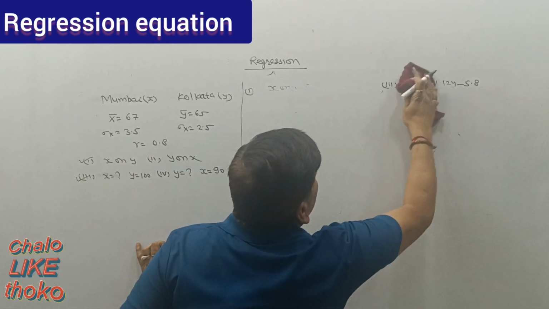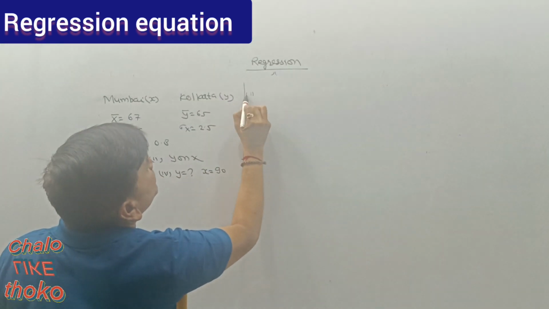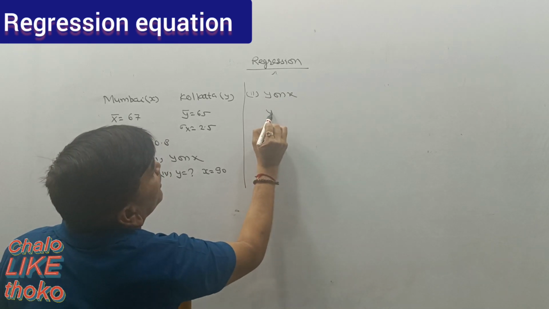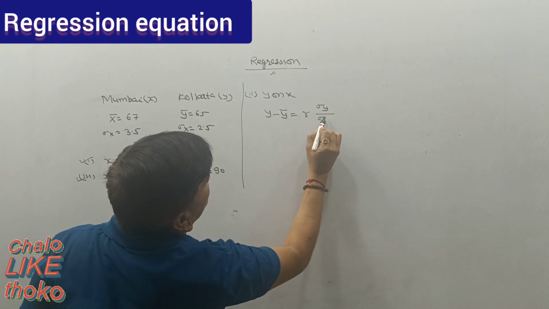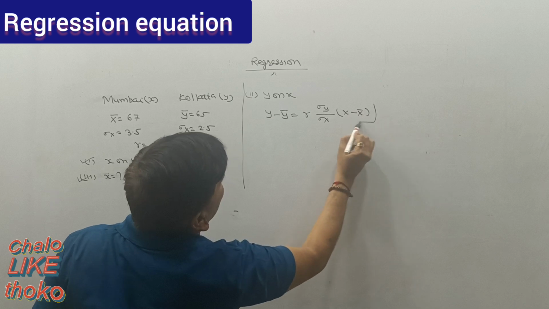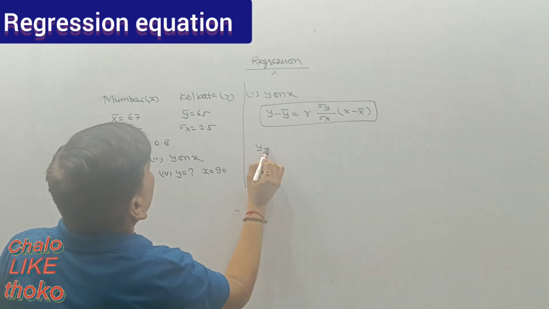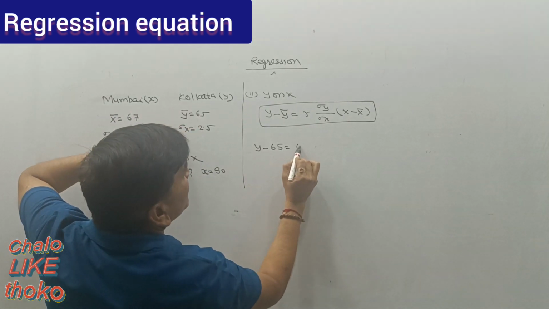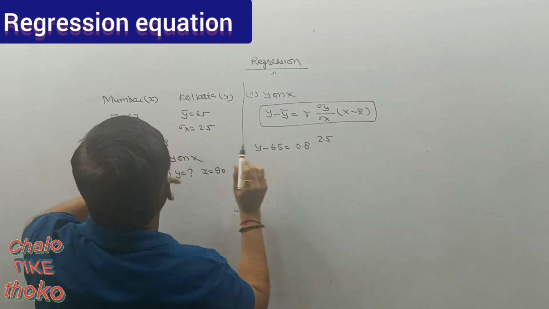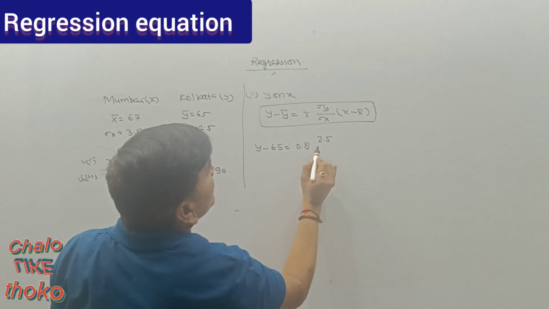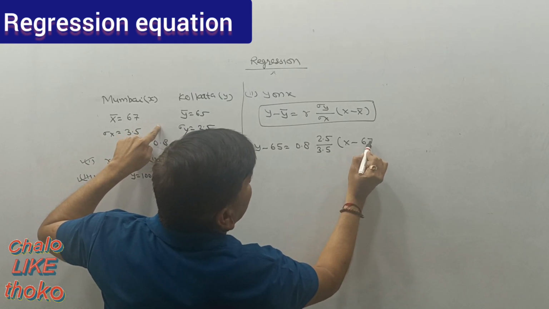Now the second question is to calculate Y on X. Second question, Y on X. The formula for Y on X is Y minus Y bar equals r times standard deviation of Y over standard deviation of X, times X minus X bar. So we just have to put in the values: Y minus 65, r is 0.8, standard deviation of Y is 2.5, standard deviation of X is 3.5, X minus 67.